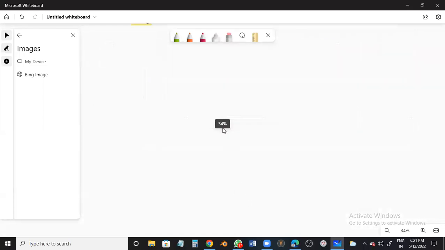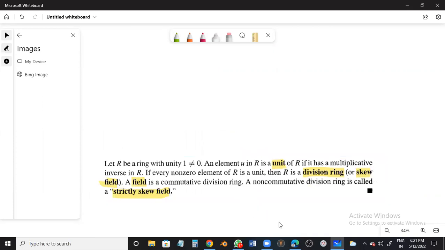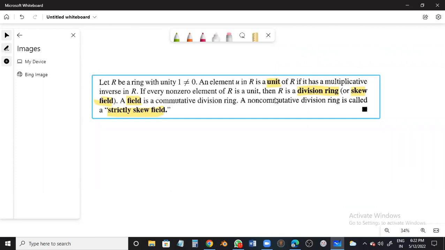Now, I move ahead. There is a bit of understanding needed. The word unit is different from unity. The word unit is used for multiplicative inverse, and unity is taken for multiplicative identity. So always keep this in mind.